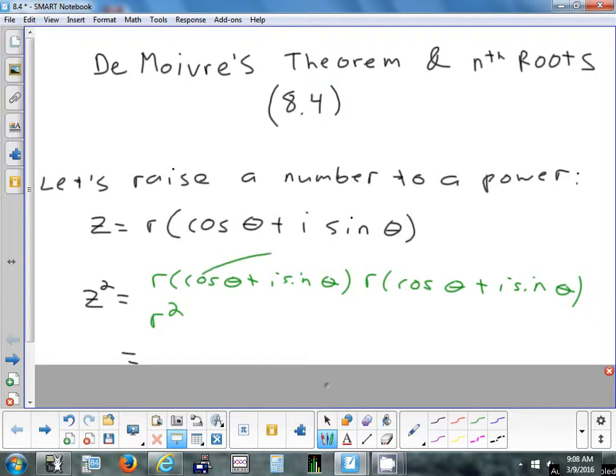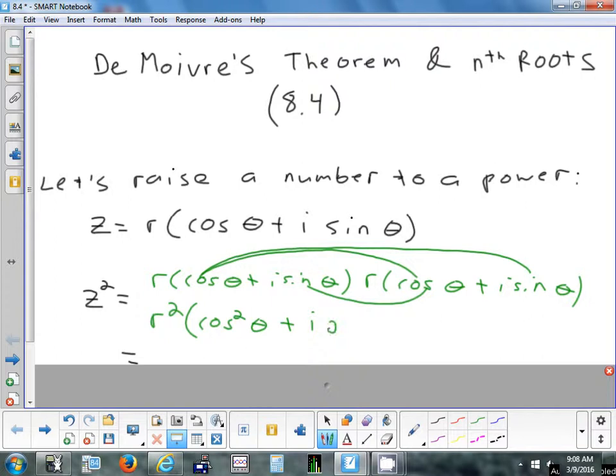So let's start with, what's cosine times cosine? So we have cosine squared theta. And now we have cosine i sine, cosine i sine. We have two of them, two of the cosine i sines. So plus, I'm going to write it like this. You can write 2i or i2.